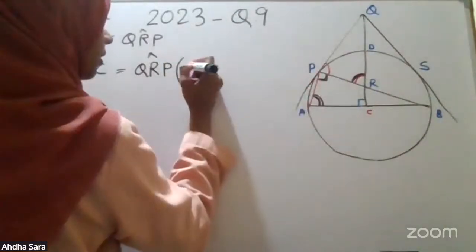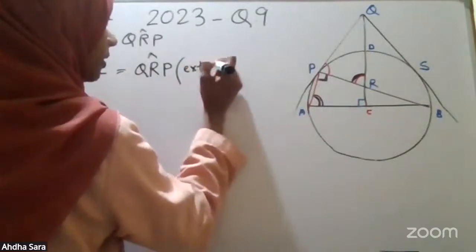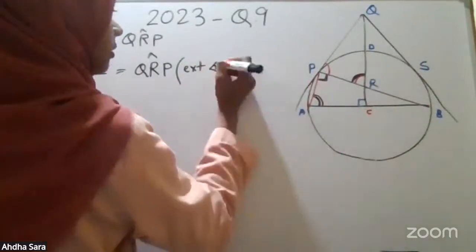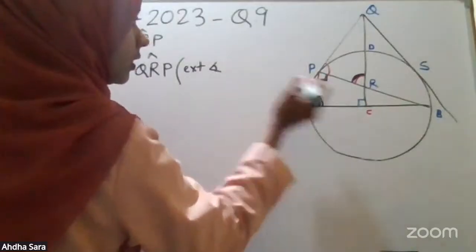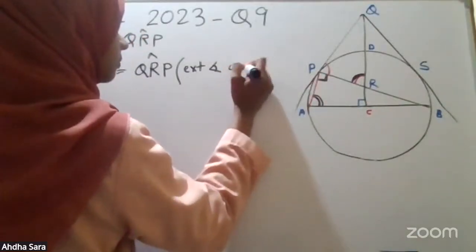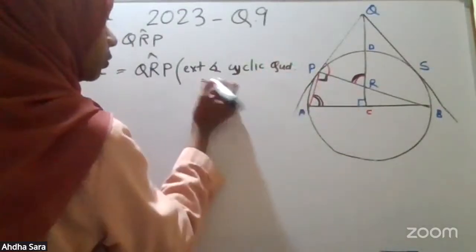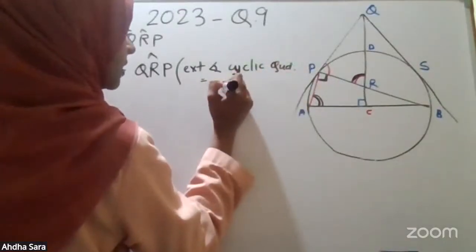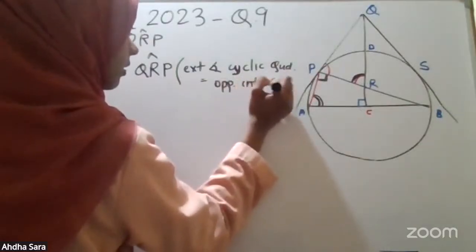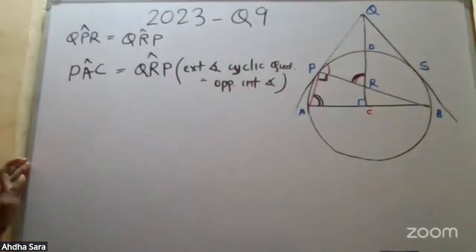The exterior angle that is produced by the cyclic quadrilateral is equal to the opposite interior angle.